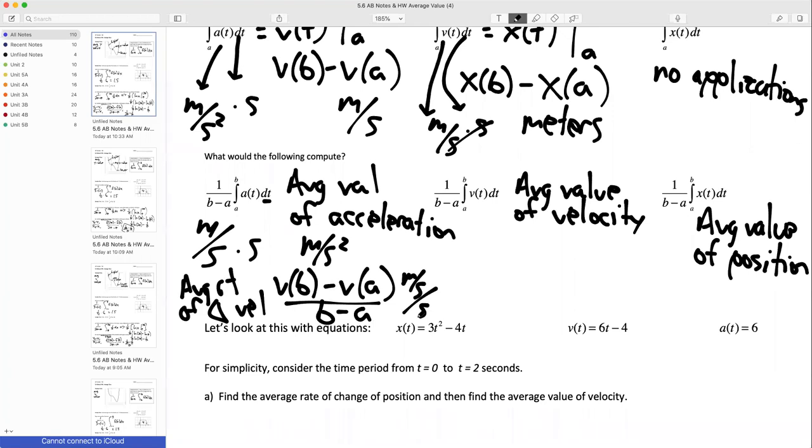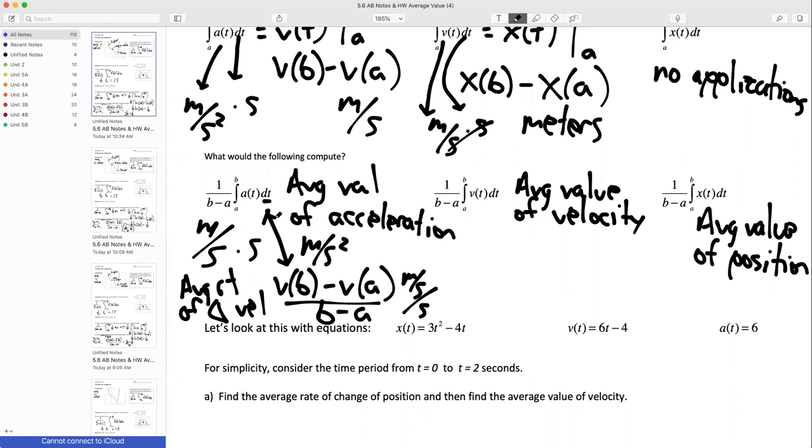Because we learned this is a slope. Or another way to say that in calculus terms, it's a derivative. And what's the derivative of the velocity? It's the acceleration. So what I'm saying is that the average value of the acceleration and the average rate of change of the velocity are computing the exact same thing.